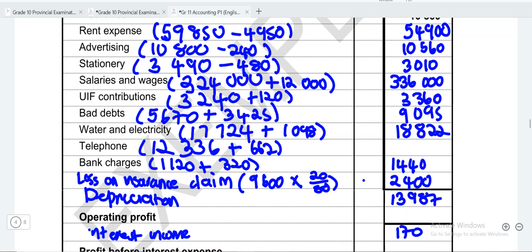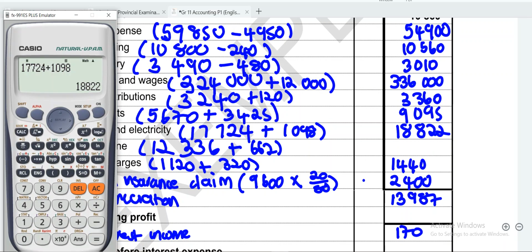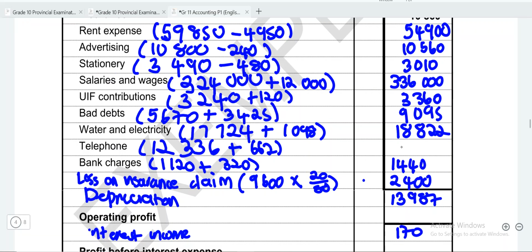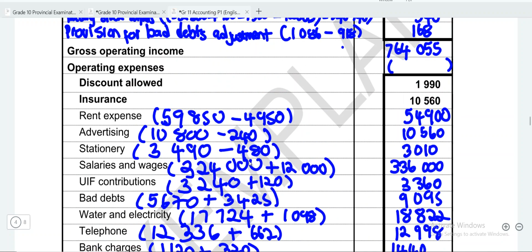Then if we say 12,336 plus 662, it is giving us 12,998. Then we got all our operating expenses. All we need to do is to make sure that we calculate the total.